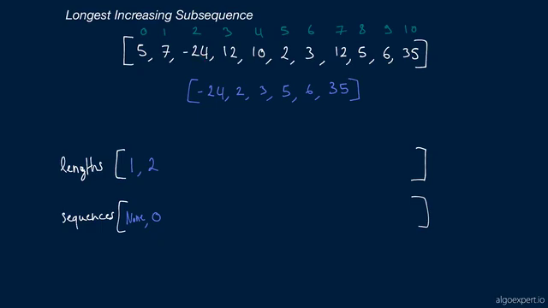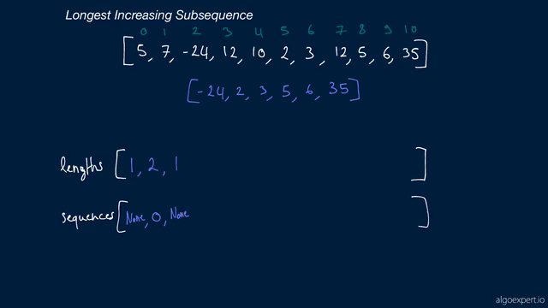No, so similarly, we cannot put negative 24 after 7. So here we have a longest increasing subsequence of length 1, which is negative 24. And in the sequences array we put none, because no number comes before negative 24, so we don't put an index.